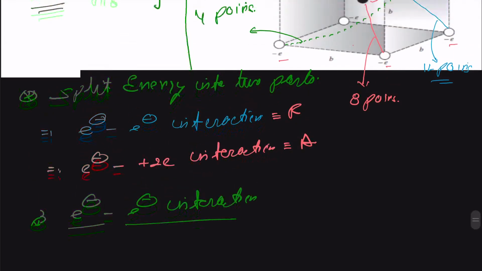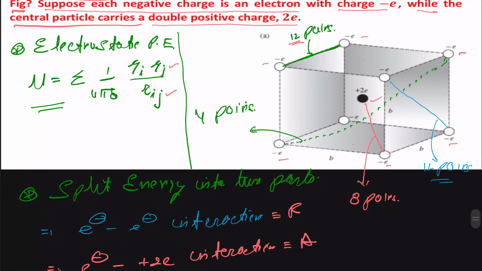For electron-electron interaction, we have the edges, which are 12, then the face diagonals, which are also 12, and then the body diagonals, which are 4. So the total will be 12 plus 12 plus 4.